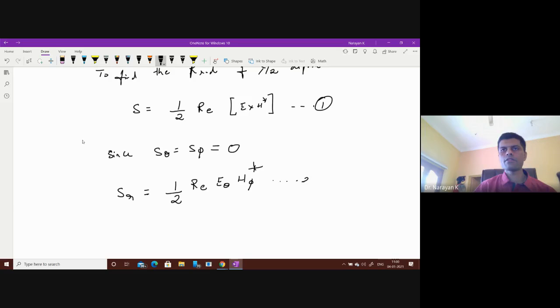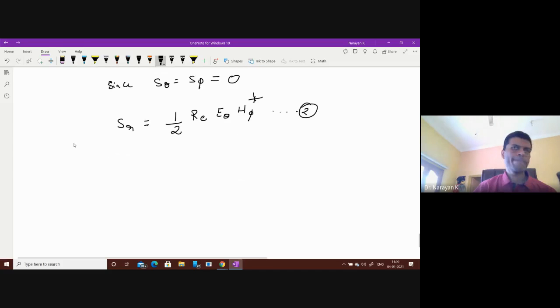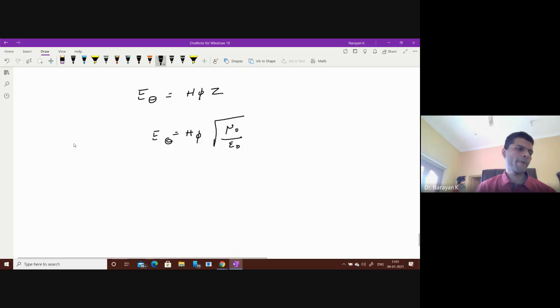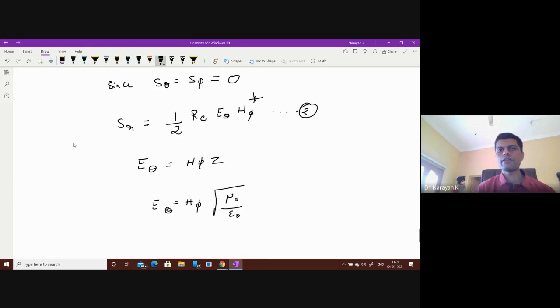Call this equation number 2. Then E theta equals H phi into Z, so E theta is H phi into square root of mu naught by epsilon naught. Call this equation 3.